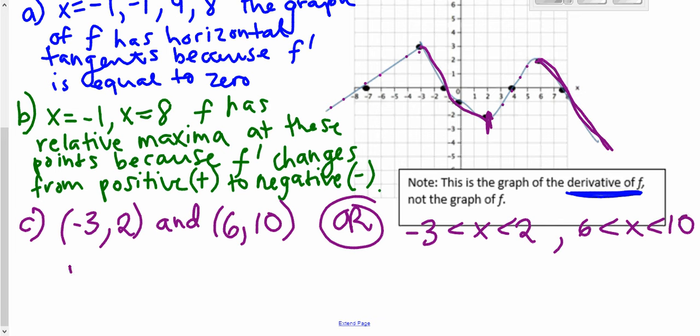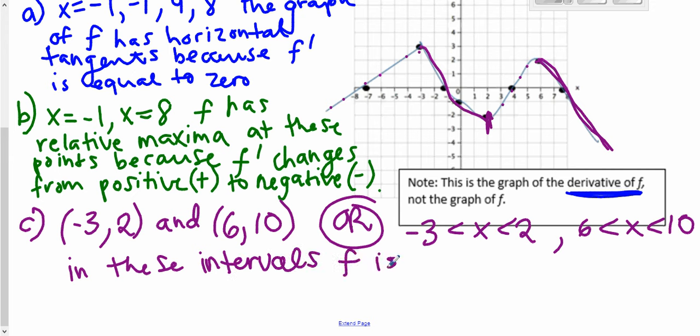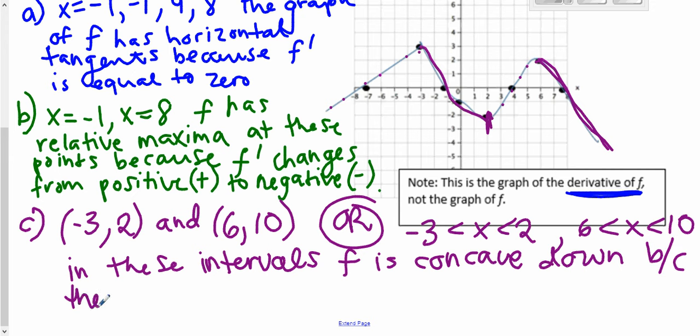So in these intervals, f, the original, is concave down because the derivative, f prime, is decreasing. So be careful with when you say positive, negative, decreasing, increasing, because those all mean different things. So you have to be very clear on that.